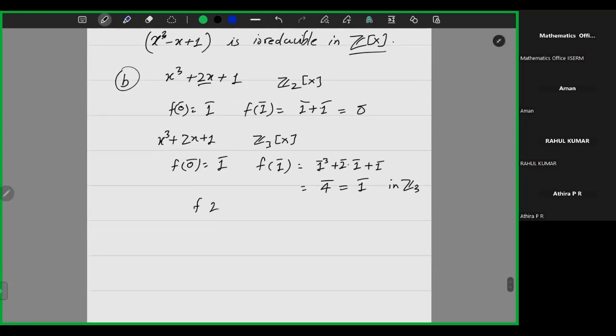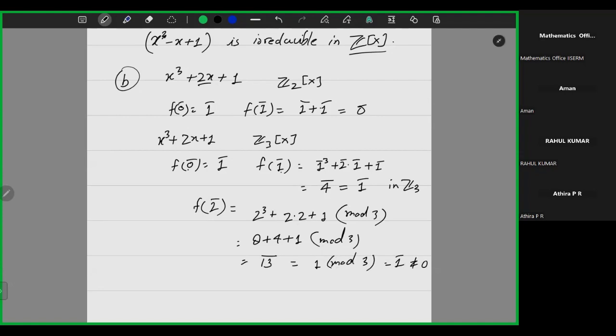What about f at 2 bar? Because Z3 has only 3 elements, we can check 0, 1, 2. At 2, it is 2 cube plus 2 times 2 plus 1 modulo 3. It is 8 plus 4 plus 1 mod 3. When I'm writing mod 3, I'm not writing bar. You see the notation. So now I'm writing bar: 8 plus 4 plus 1 is 13 bar, and this is nothing but 1 bar, or 1 mod 3.